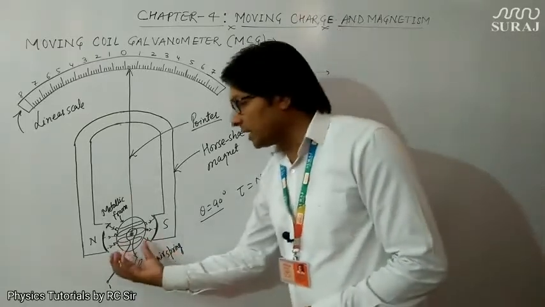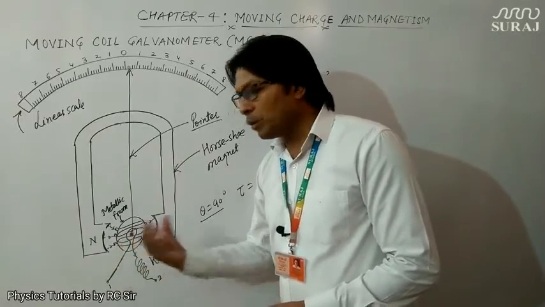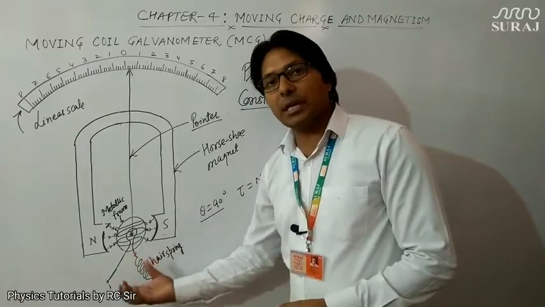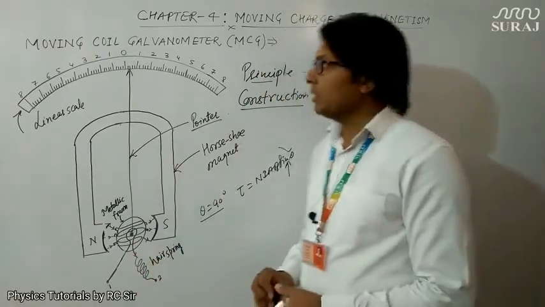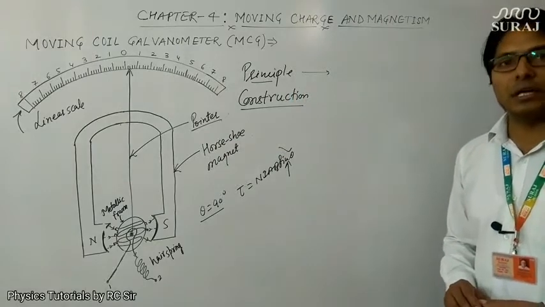Okay, and this coil is mounted on two pivots, therefore it is also known as pivoted type galvanometer. So this is all about the construction of the moving coil galvanometer.